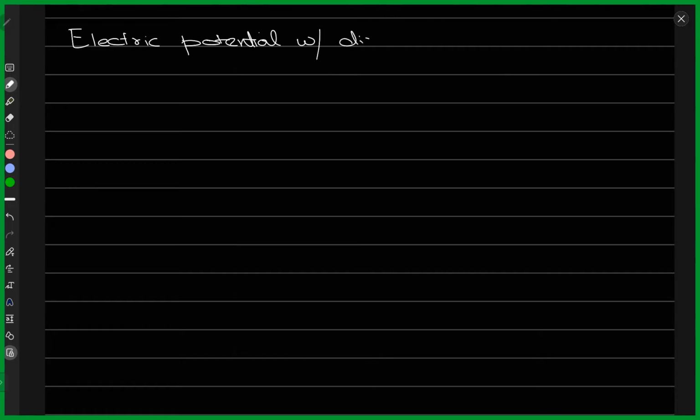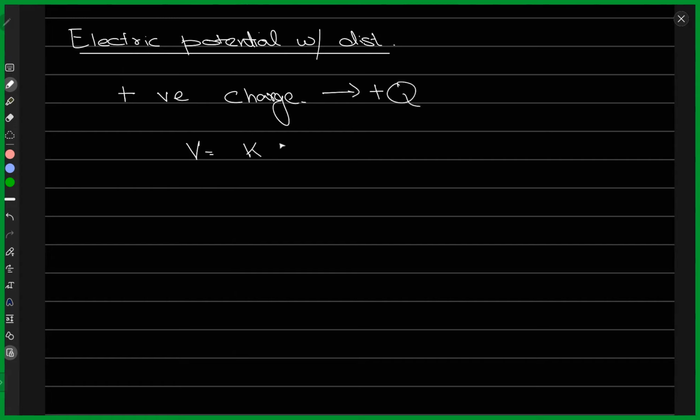And so we'll start our discussion with, let's say we consider a positive charge. So I'm going to consider a positive charge, and this is very simple because we have to remember V is K times the charge. Now, a positive charge implies plus Q, so this would be KQ by R. And now I can see the relation between V and R, right?